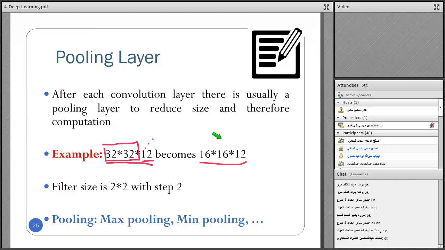For example, if the output of the convolution is something like this, and here we have some numbers.